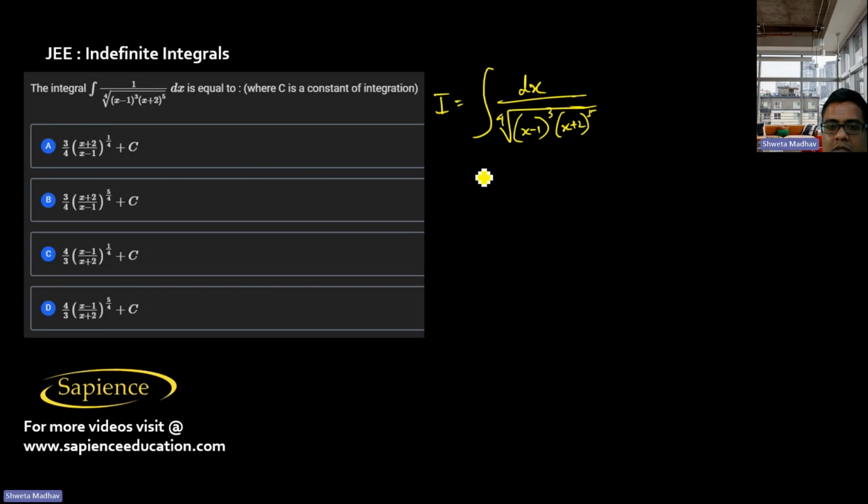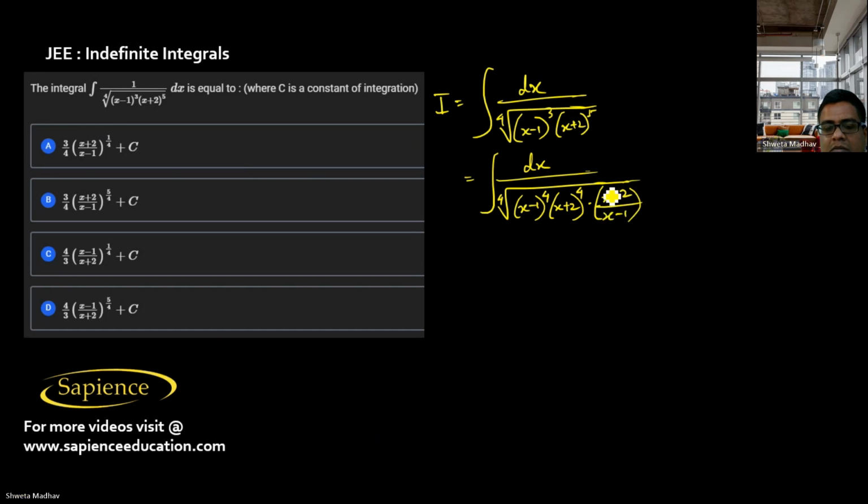Now we can write this as integral dx by root over x minus 1 power 4 into x plus 2 power 4, into I can write x plus 2 by x minus 1. Then this will be integral dx by x minus 1 into x plus 2, into x plus 2 by x minus 1 whole power 1 by 4.